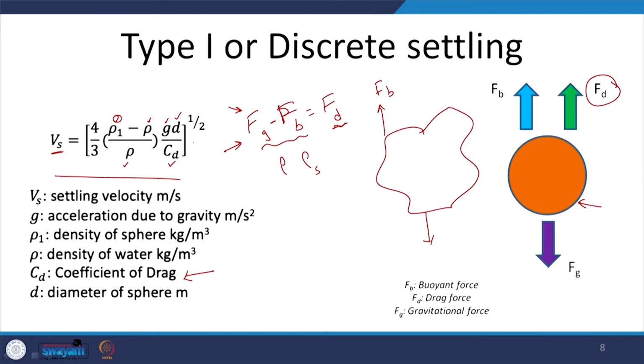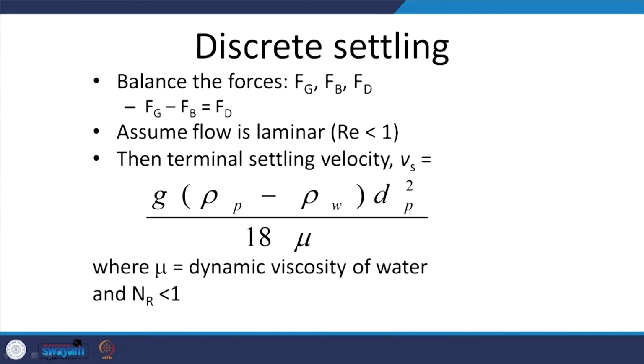This is applicable in general, but we are going to look at applications in the context of sedimentation, for laminar flow. Let us look at what we have out here. Discrete settling: as I mentioned, gravity and buoyancy pulling the particle down will be balanced by the drag force, or the frictional force.